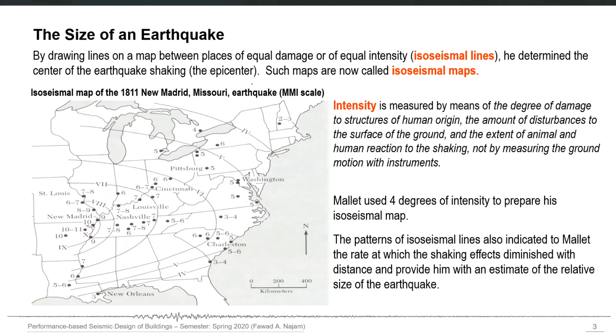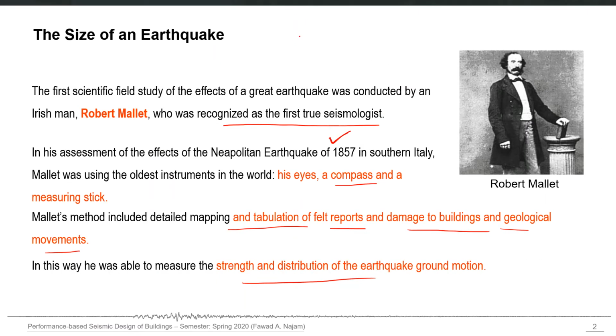Let's say that this is the total area which he was investigating, which is damaged as a result of an earthquake. He took recordings and observations at different points on that area, and noted down all the observations, what level of damage was experienced, and what the other effects of that earthquake were.